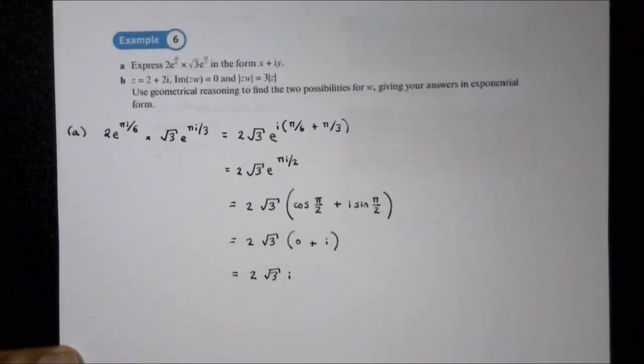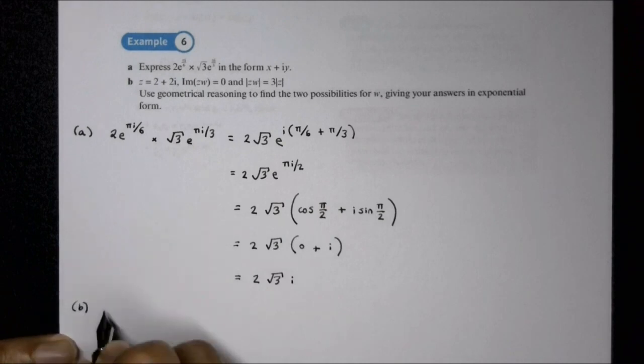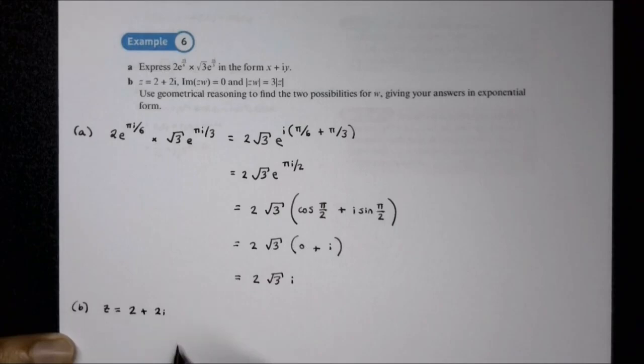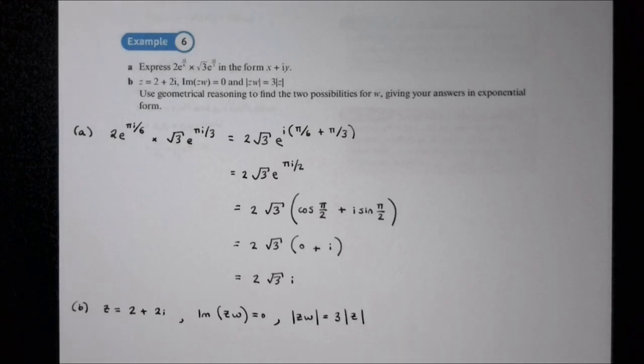You can see here we have z equals 2 plus 2i. We have the imaginary part of zw equaling 0, and we also have the modulus of zw equaling 3 times the modulus of z.